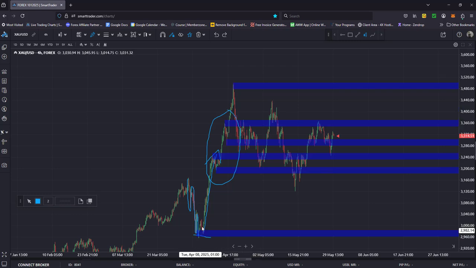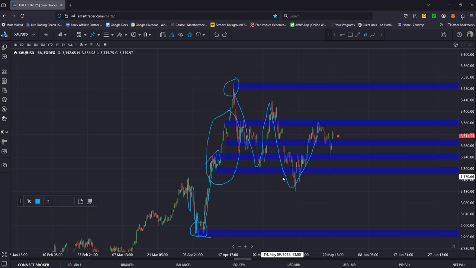But what we want to see is this major area here, that when the market fell, this was the support level that pushed this market all the way up, making higher highs. Then we came all the way up to this area here. We formed a high. And from here, the market started making lower lows and lower highs.